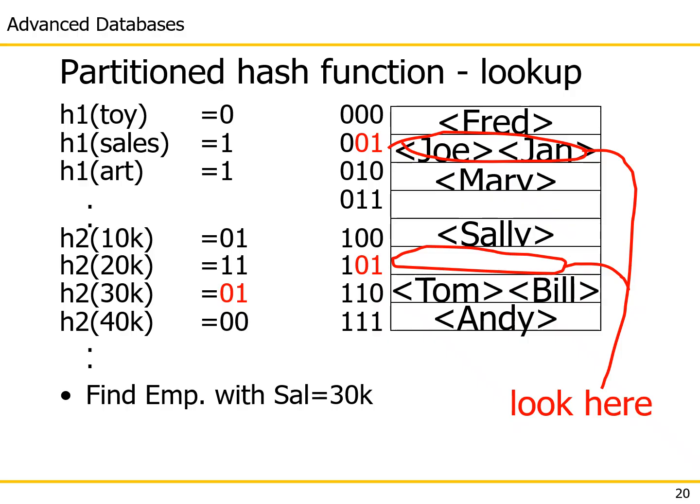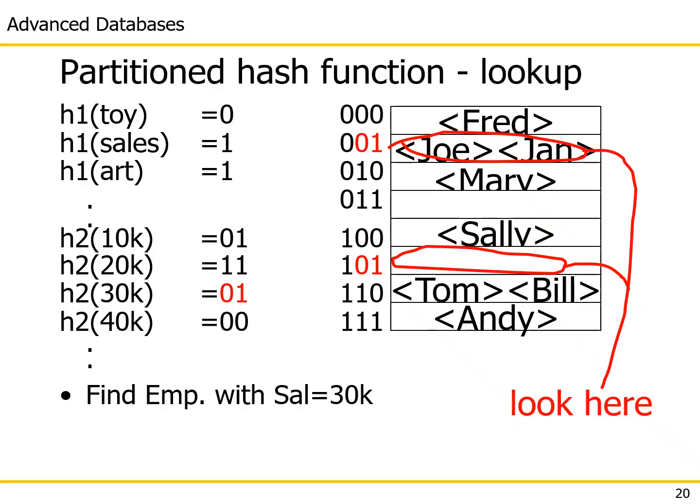people with different salaries in the same slot if they work in the same department, because this means that 101 will have people with 30K and 10K, and 001 will also have people with different salaries working in the same department, which is 0, which is toy, also falling in the same cell, or colliding in the same cell.